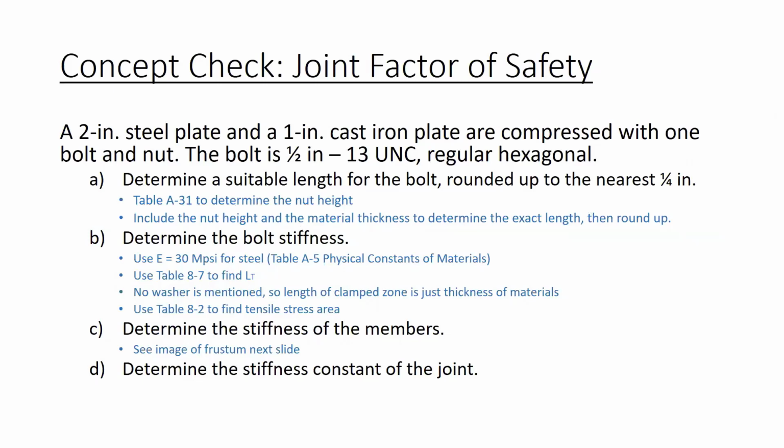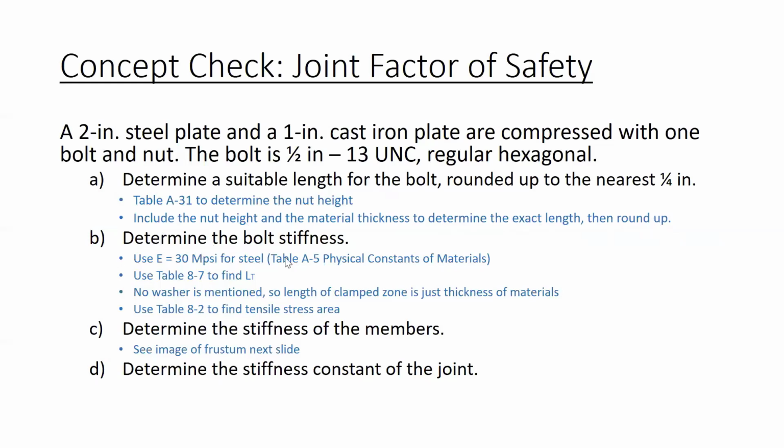Round it up meaning make it a little bit longer. So use table A-31 to determine the nut height. Then include the nut height and the material thickness to determine the exact length, and then round up. And that's because we want a couple threads protruding from the nut in a bolted joint. I think we talked about that earlier.